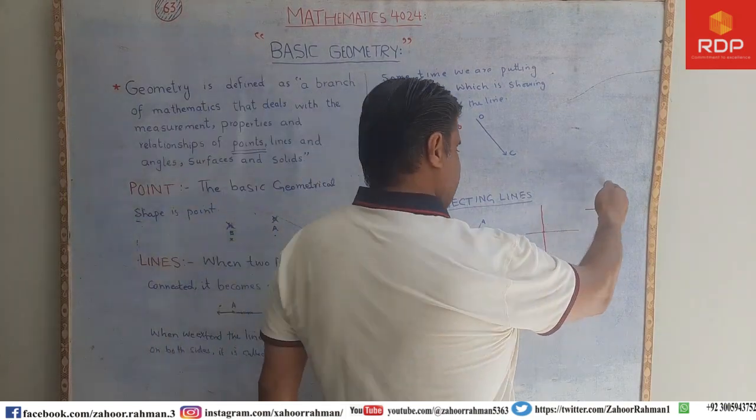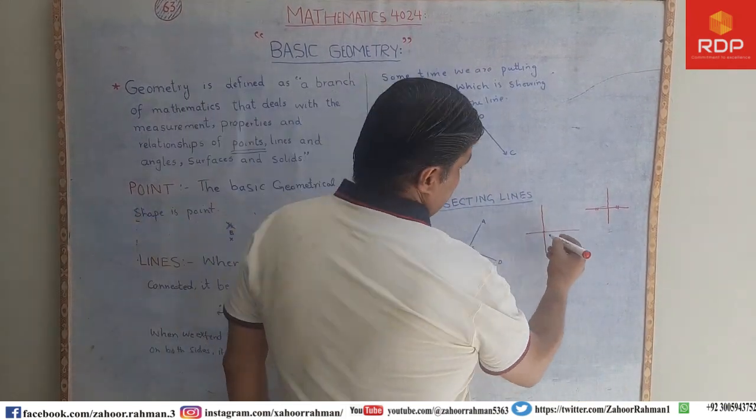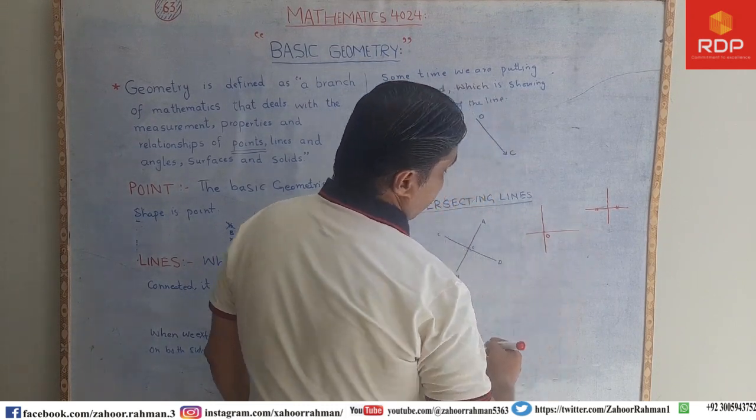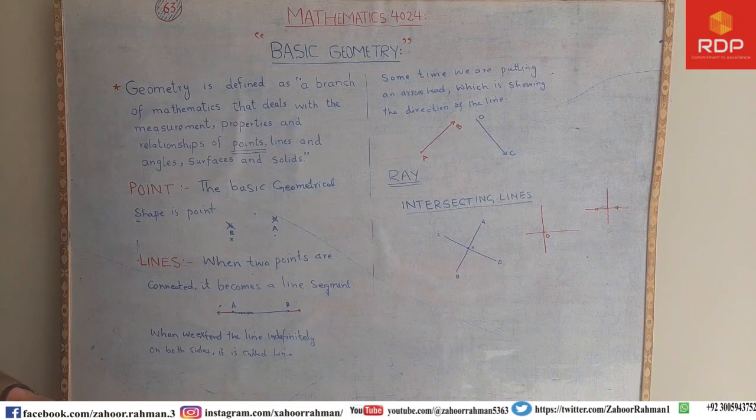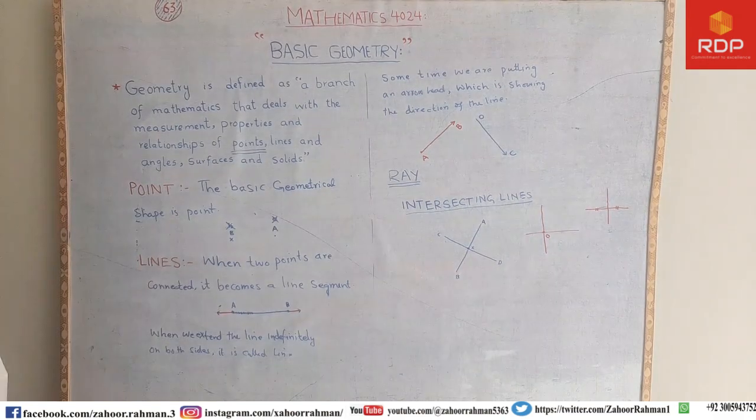This line is dividing this one. When I am dividing this, then O is called the foot of intersection. This is the foot of intersection where each point intersects each other.